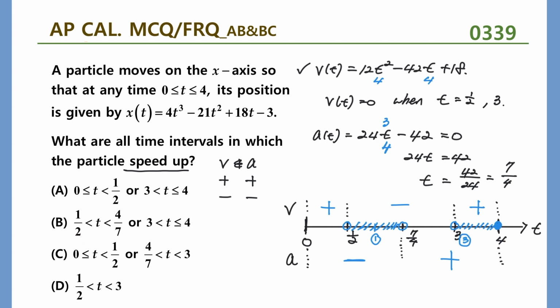So 1/2 to 4/7. I mean, this must be 7/4, right? Yeah, there's a typo here. This is a 7/4. This is also 7/4. I'm sorry about this. Okay. So the answer has to be B. All right.